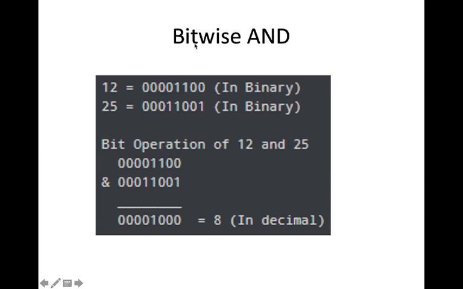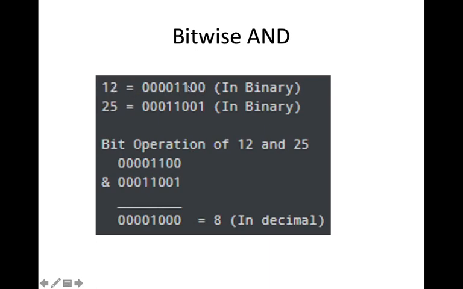We'll see an example, then you will understand why we require the bitwise AND operator. 12 is a decimal number, so its binary equivalent is 0001100. You need not worry now about how to convert decimal to binary.